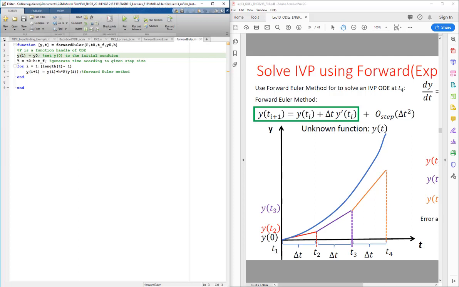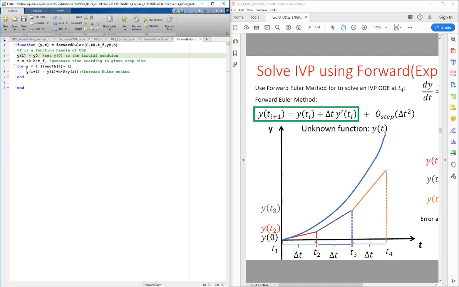And then we'll set a time array where we step from t0 by step size h to t final. The one word of note here is that if this h steps over t final, we won't actually get the solution at t final. We'll get the solution at a time just prior to t final.